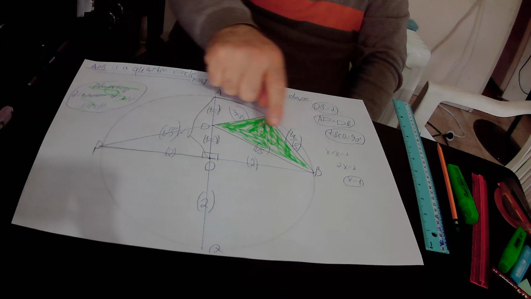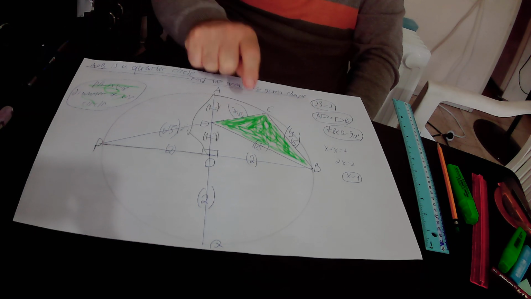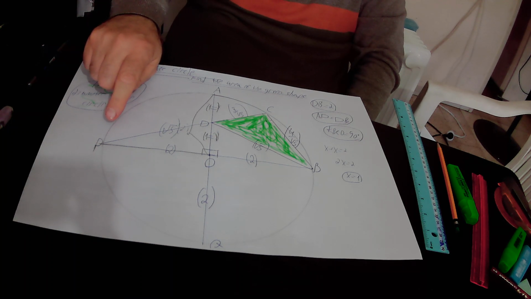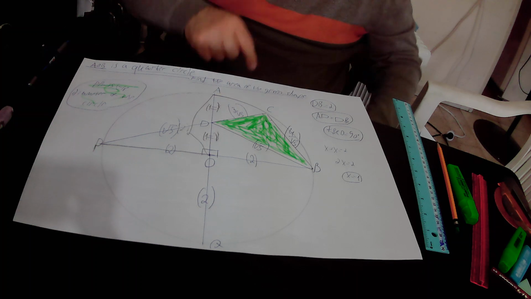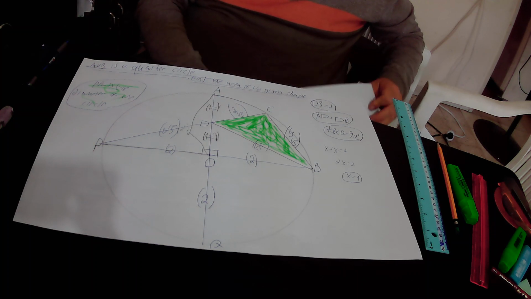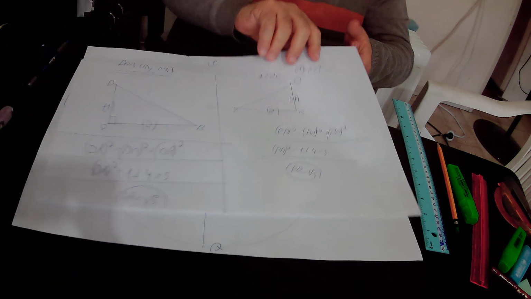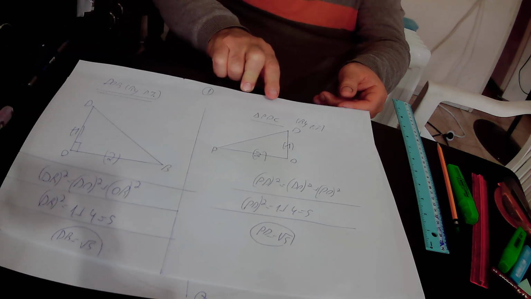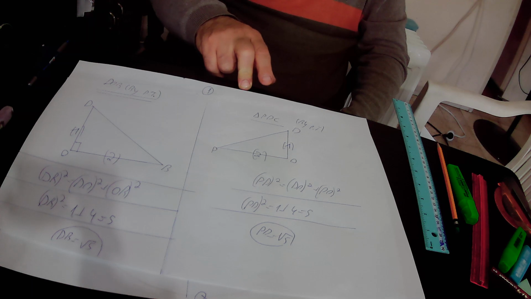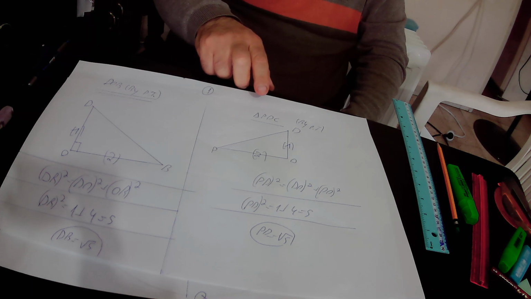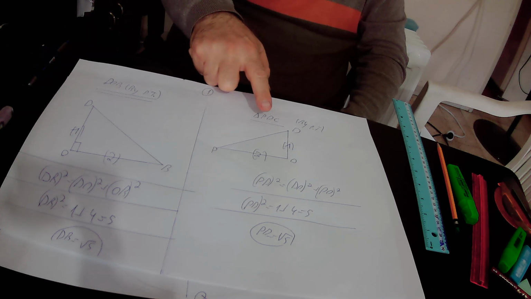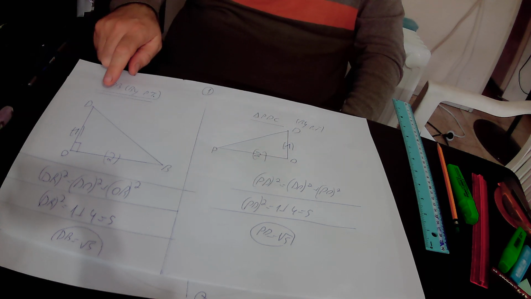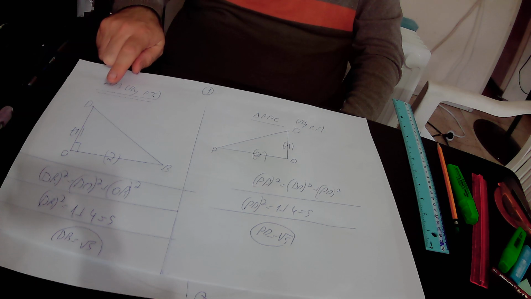This is side DB, it is equal to the square root of 5 units in itself, but we actually implemented the Pythagoras theorem on the right triangle PDO. And we actually found out that the hypotenuse PD equals the square root of 5 units in its length, because it is exactly the same triangle.